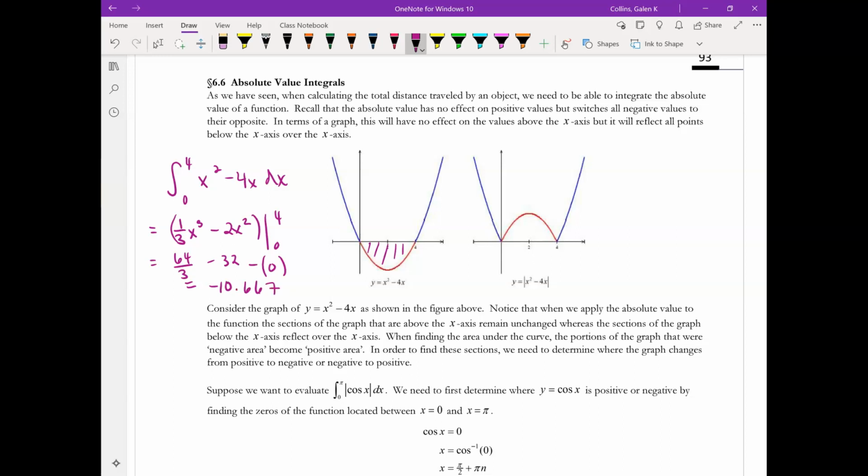Okay, so it stands to reason that if we take the absolute value of that integrand, we should expect to get a positive number. And when we graph the absolute value of any function, it just reflects the part of the function that's below the x-axis to be above the x-axis.